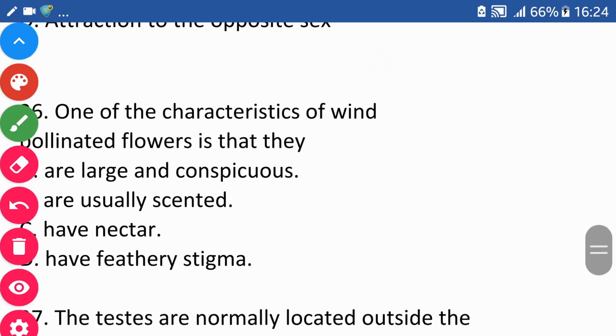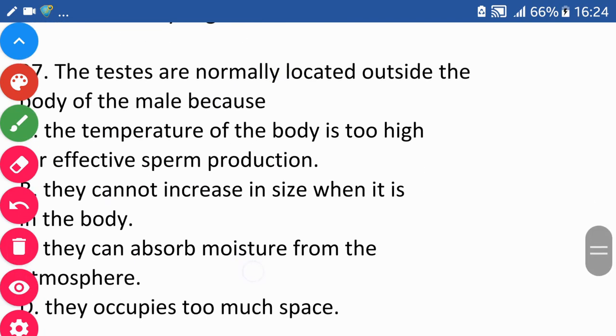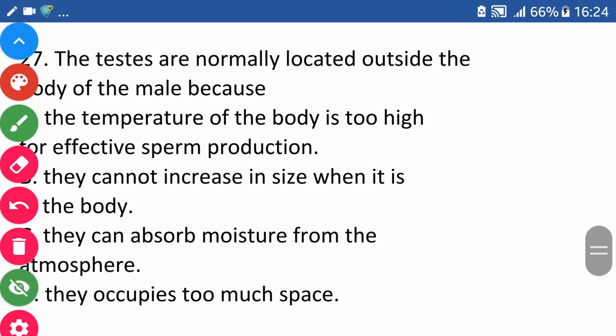One of the characteristics of wind pollinated flowers is that they have feathery stigma. The testes are normally located outside the body of a male because the temperature of the body is too high for effective sperm production. So it's A.